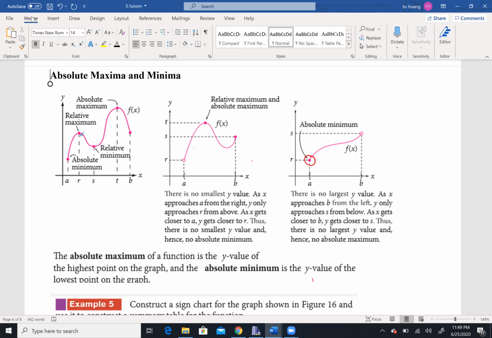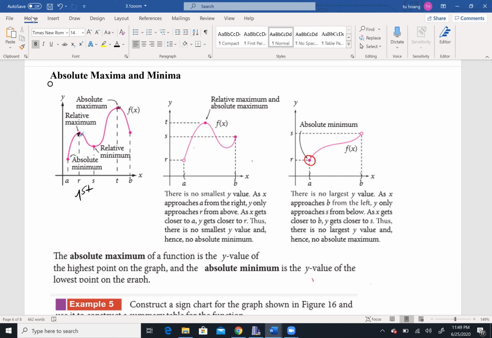Okay, so let's say for the first figure here, right now we have two relative maxima and one relative minimum.